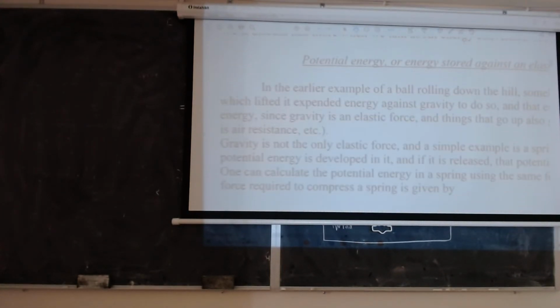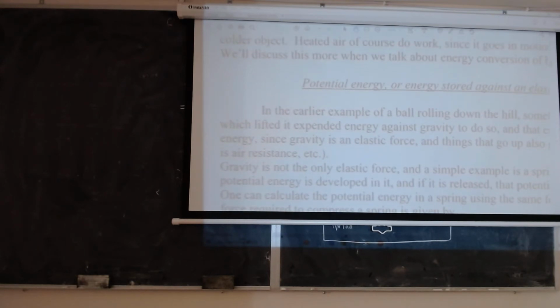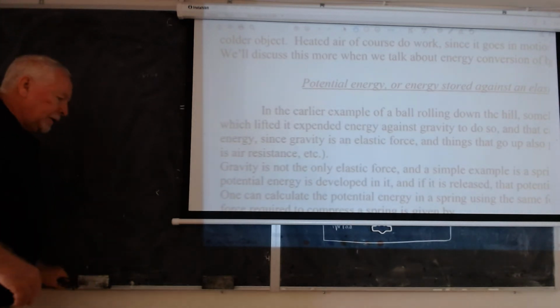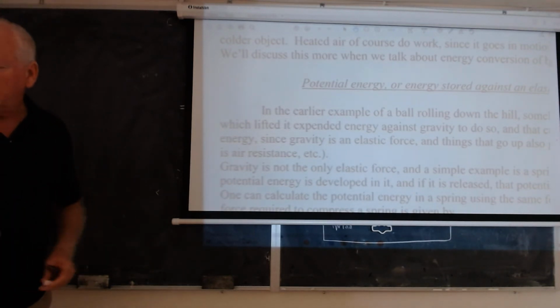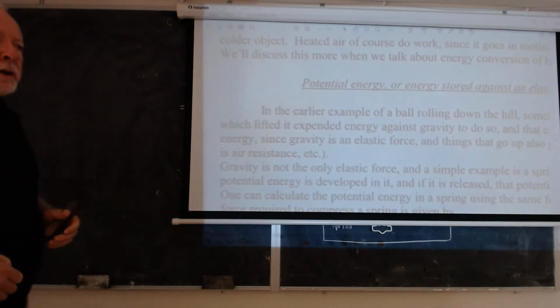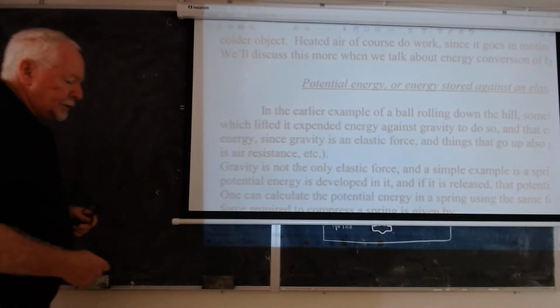Now, let's talk about potential energy. Part of your homework problem was understanding that as the guy was going up on the treadmill, he was working against gravity, and so he was developing potential energy.